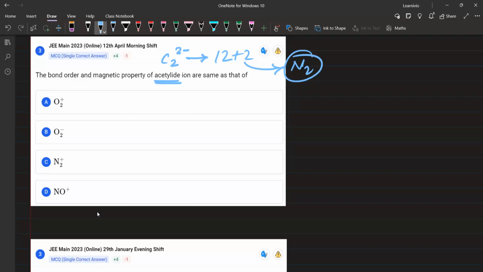इसका कॉन्फ़िगरेशन अगर आपको लिखना है तो I will tell you two methods, है ना, to do this.